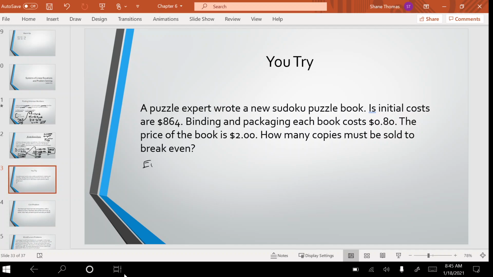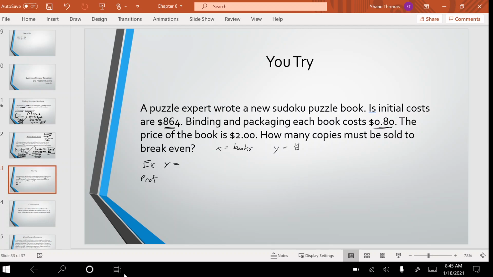All right, so let's go expenses and let's go profit. So expenses, y equals. You don't have to give me the equation. What are the expenses he has? $864 is one. And then 80 cents per book, okay? So we want to say x is our number of books. Does that work? All right, then y would be our money.